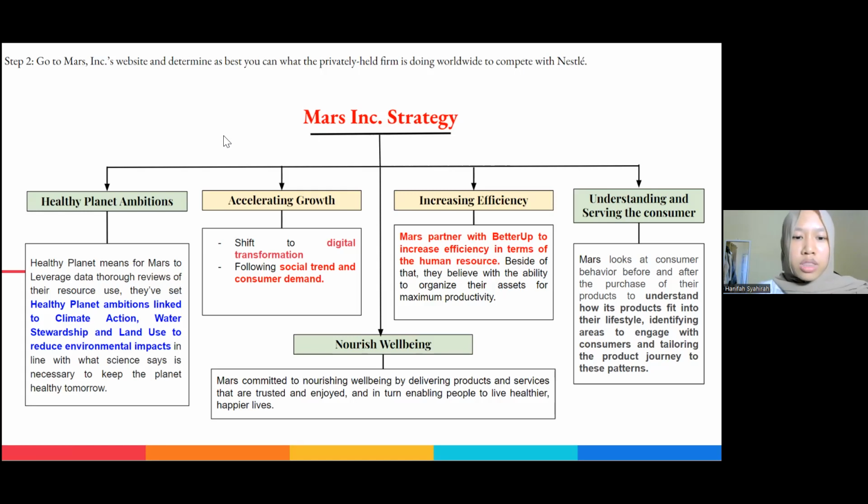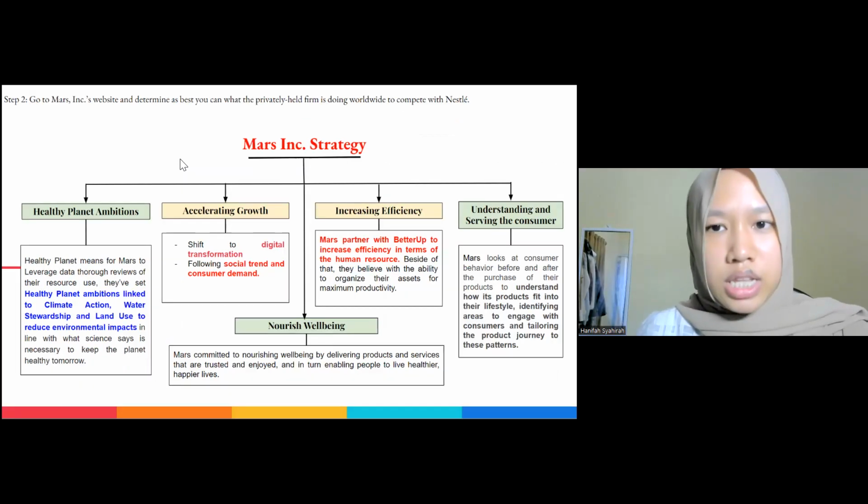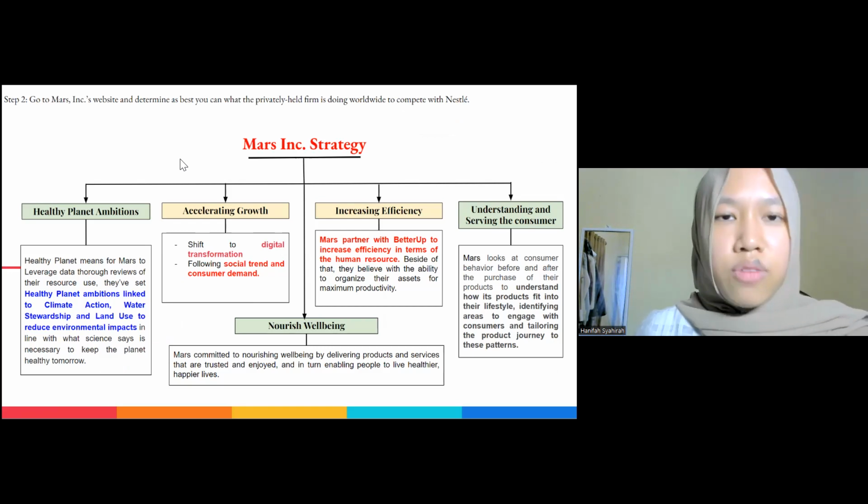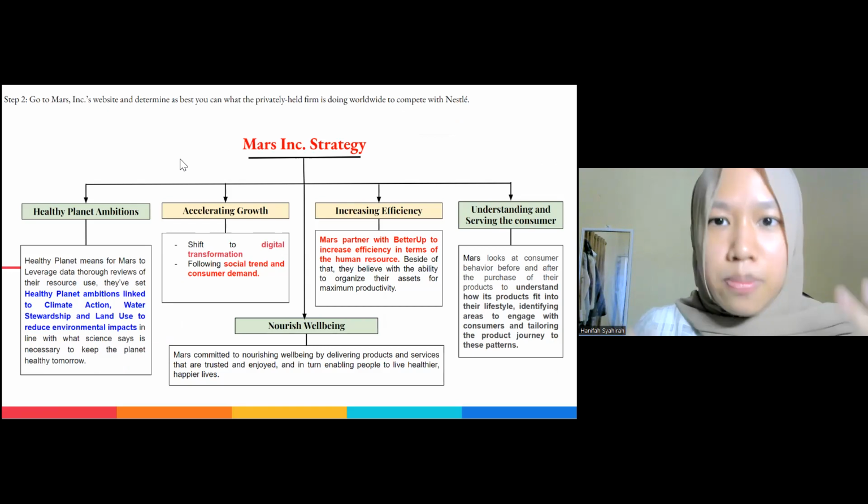So they want to make their human resources work really efficiently, because they believe that there are three things they can do to increase efficiency: the assets, like maximum productivity, the people, and the product. But one thing that they do is partner with BetterUp to improve the mindset of the workers, to work with efficient time and efficient knowledge.